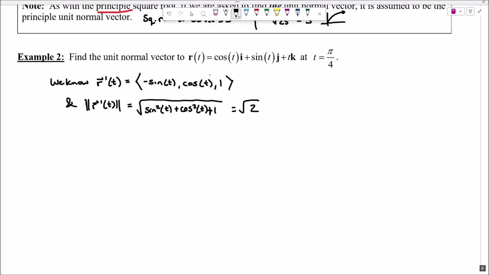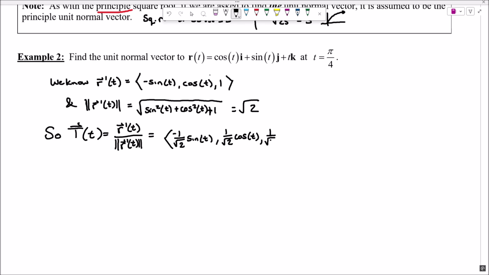This allows me to calculate what my T of t looks like. This is my r prime of t divided by the norm of r prime. If I write this out, I get negative 1 over root 2 times the sine of t, 1 over root 2 times the cosine of t, and then a final component that's just 1 over root 2.